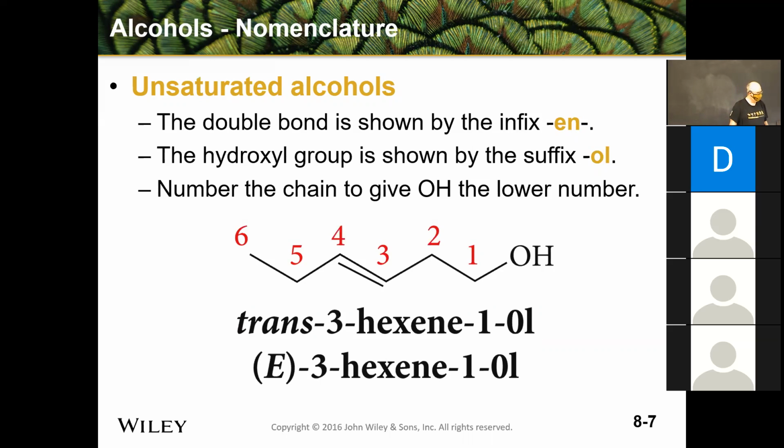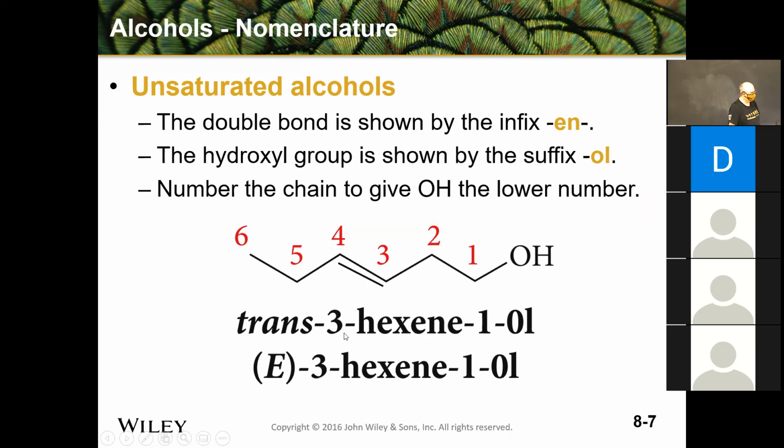Okay, in the previous chapter, we looked at alkenes. Alkenes have priority over halogens and alkyl groups, but alcohols have priority over alkenes. Okay, so our longest chain here is 6, so that's hexane. Because of the double bond, we change it to hexene.